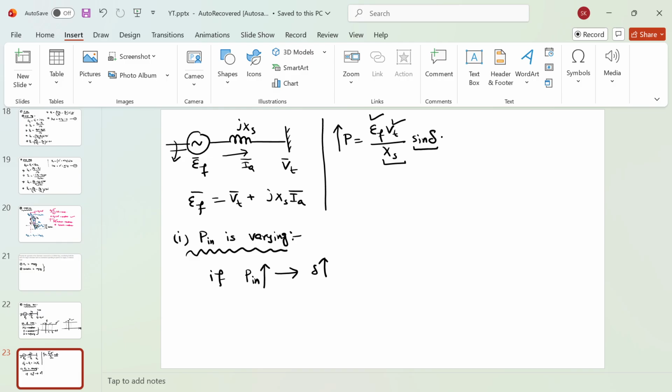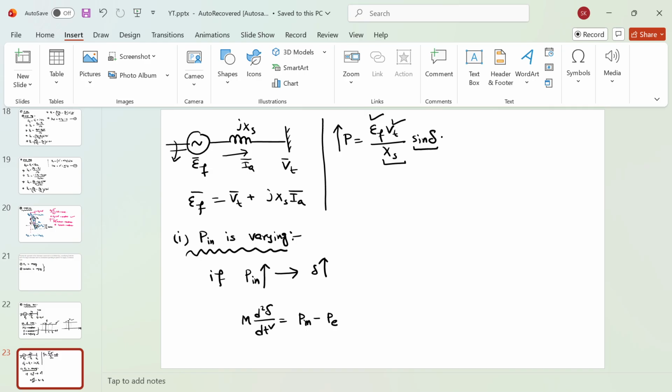And if you try to see what is actually happening, maybe you can recall the swing equation of the synchronous generator. It is basically M d2 delta by dt square equals Pm minus Pe. So this is how it operates.